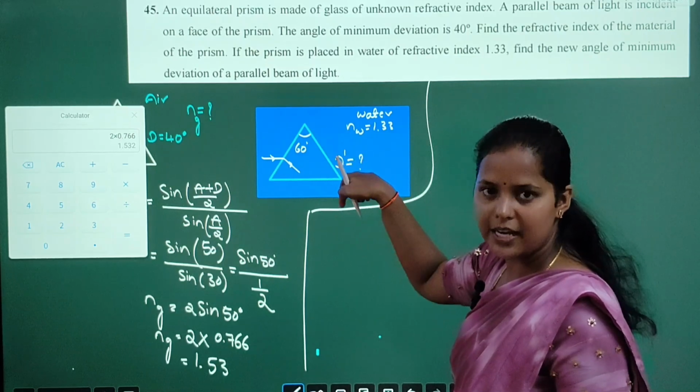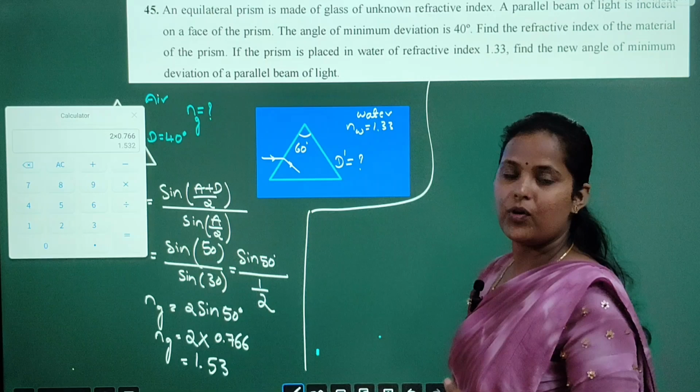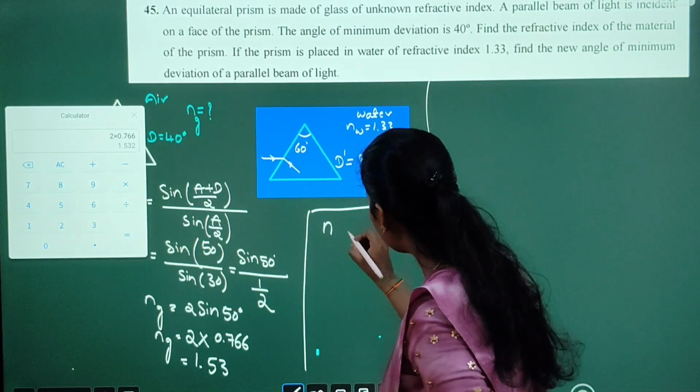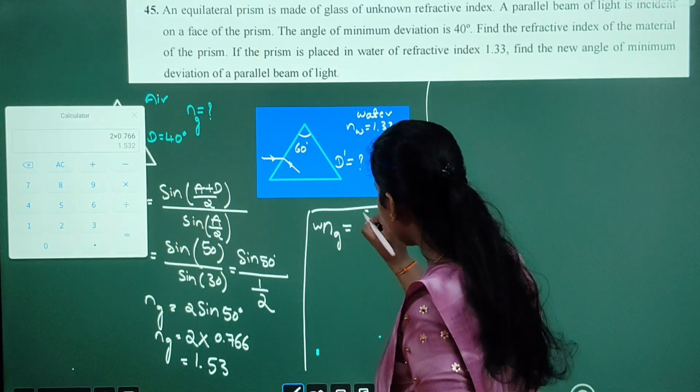The prism is placed inside of the water. Here, we have to find out the relative refractive index. What is the relative refractive index? Refractive index of glass with respect to the water is equal to, what is the formula?